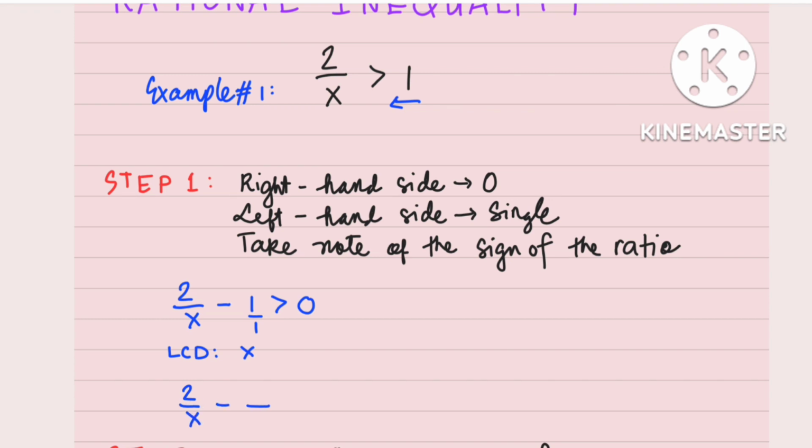But 1 over 1 needs to transform into a new fraction whose denominator is x. X divided by 1 is x. The answer, we will multiply by the numerator. That is 1. 1 times x. So x. Now that the two have the same denominators, we will now combine them. And we want this ratio to be greater than 0. It means we want the ratio to be positive. So we take note of that.